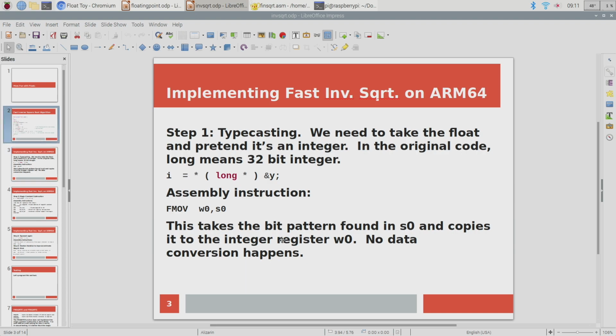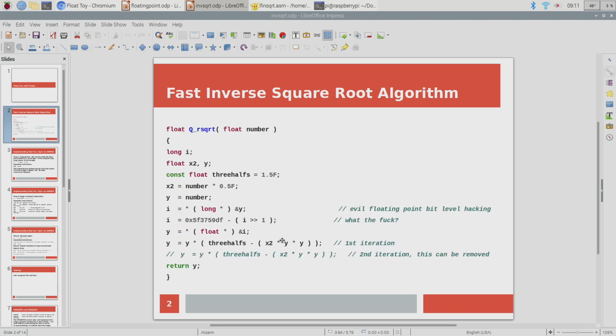What are the differences between doing this in 32 and 64 bits? You're going to be using D0 instead of S0. It means that you don't have to convert for printing because it's already 64-bit. That's nice.